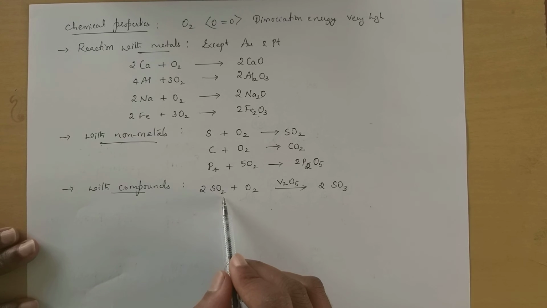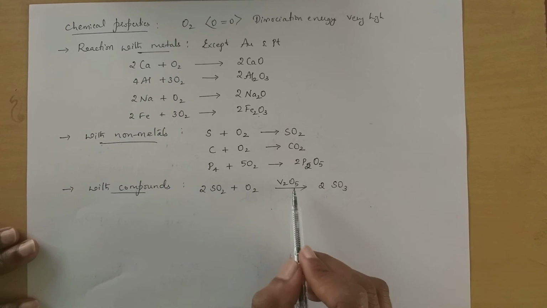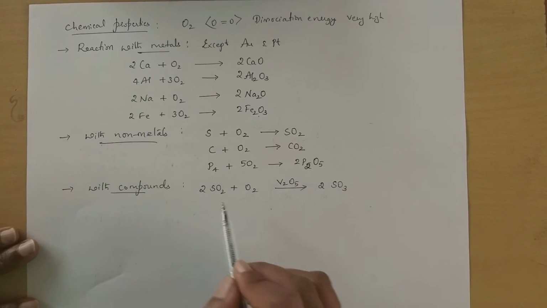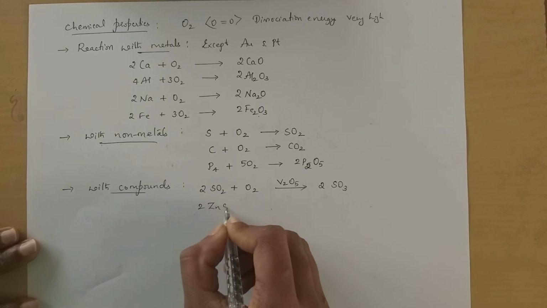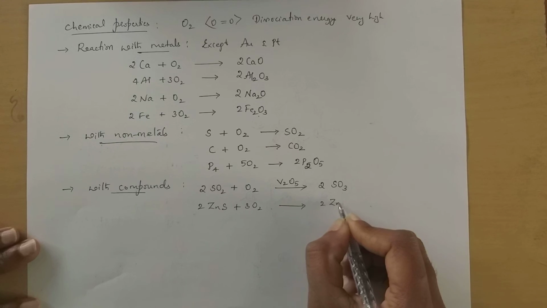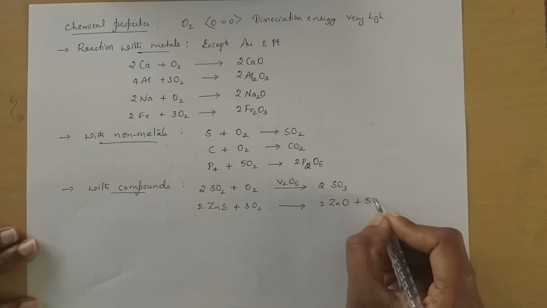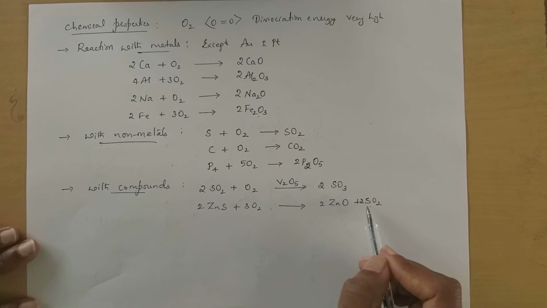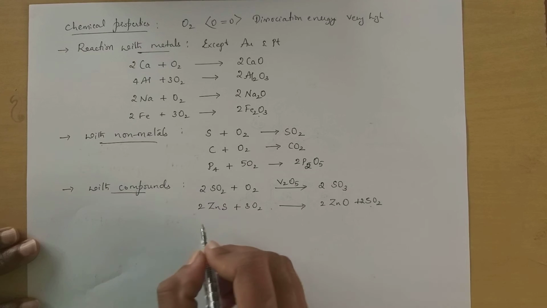So SO2 is converted into SO3. Similarly, zinc sulfide combines with oxygen to form zinc oxide, and sulfur dioxide is eliminated.